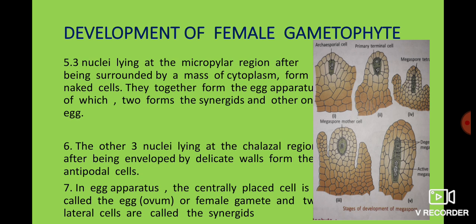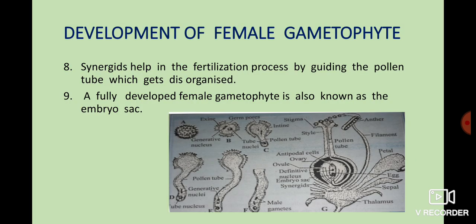So what is happening? The 3 present at the micropylar region form the egg apparatus. The 3 present at the chalazal region get covered by delicate walls and form the antipodal cells. Synergids help in the fertilization process by guiding the pollen tube, which gets disorganized.